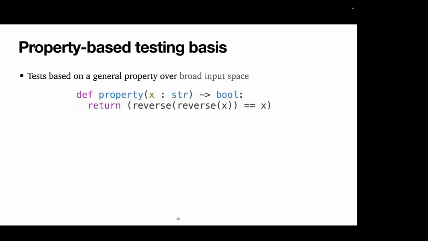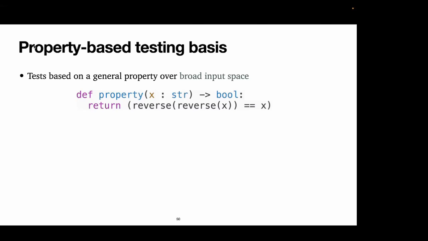So I had this example before, I'll go through it again. Let's imagine you're making a library of basic data structures, and you're working with lists or strings, and you write a function to reverse a string. You probably wouldn't do this in real life because this is already in some library for you, but it's a good example. A property you might think of for your reverse function is that reversing a list and then reversing it again should give you back the original output.